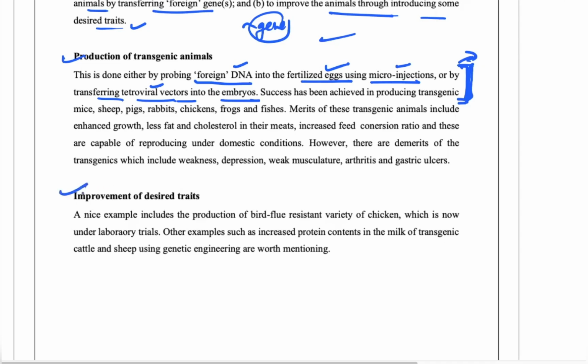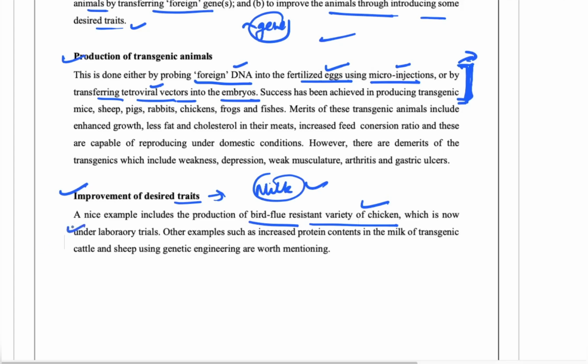Then there is improvement of desired traits, just like we saw in the previous pages, that milk production is being increased by doing breeding programs, right? Another example is the production of a bird flu resistant variety of chicken. Bird flu is a disease basically. So a flu resistant variety of chicken is being produced, and this is now under laboratory trials.